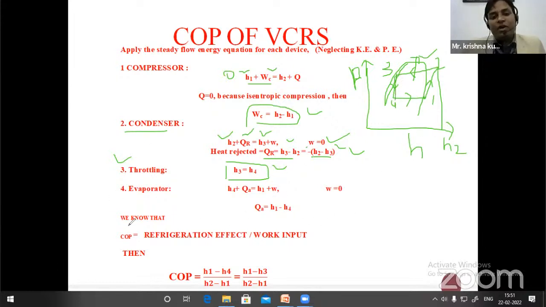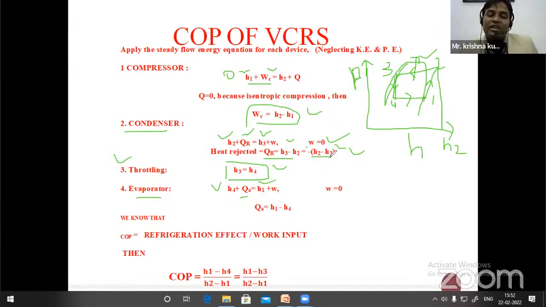Then we have the fourth component, the evaporator. The steady flow energy for the evaporator: at the inlet you have point 4, so enthalpy at point 4, plus in the evaporator what we are doing is absorbing heat from the storage place. So we add QA, absorption of heat, equal to what is going to the output, the H1 point, plus W if we are taking or giving some work.